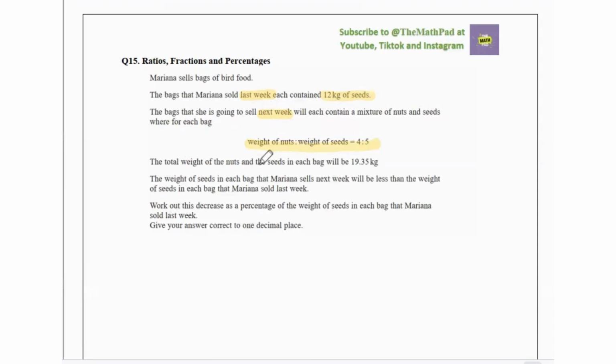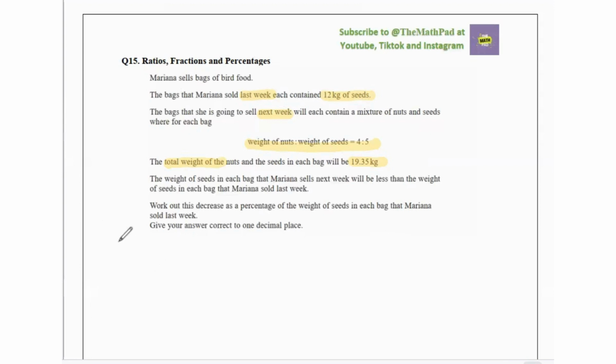The total weight of the nuts and seeds in each bag will be 19.35 kg. So what we can do is we can find the individual weight of the nuts and seeds for the bag that she's going to sell next week. We can start with that.